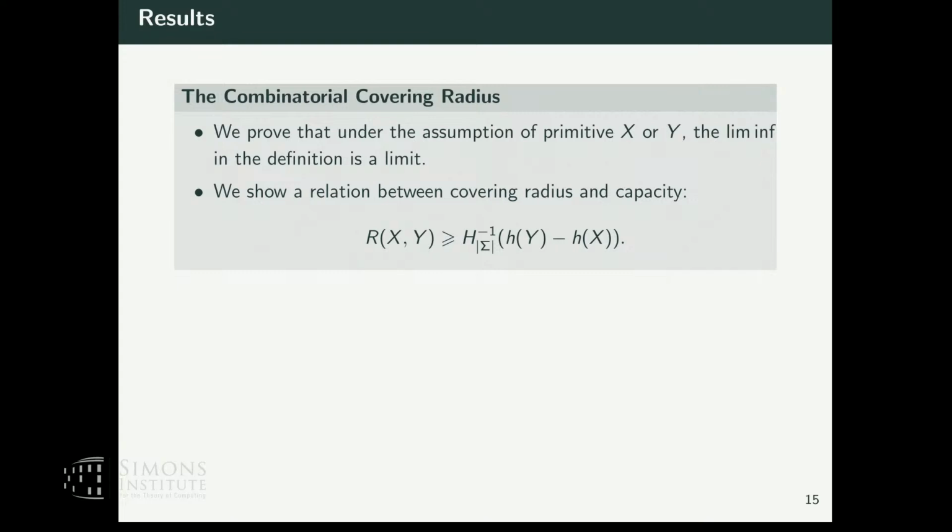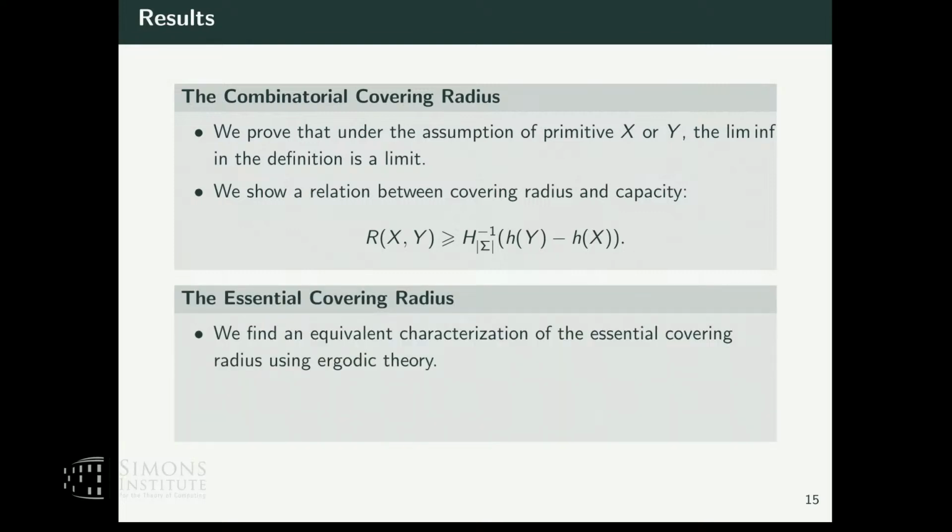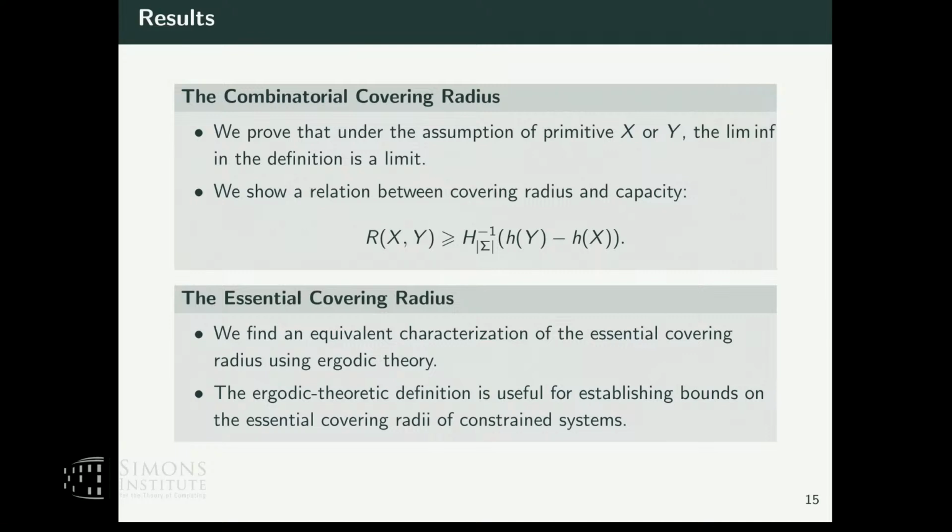And we can show a relation between the covering radius and the combinatorial capacity of the constrained systems given here. As for the essential covering radius, we can find an equivalent characterization using ergodic theory, and the definition allows us to bring into play nice machinery.